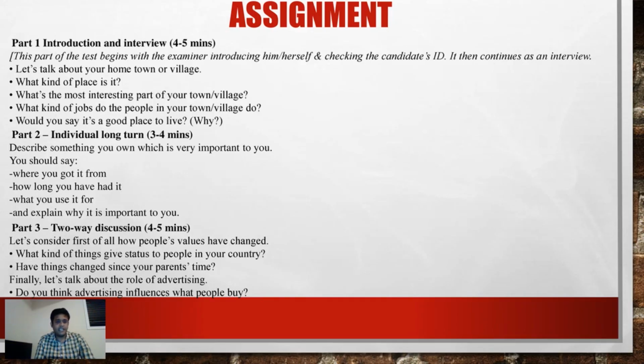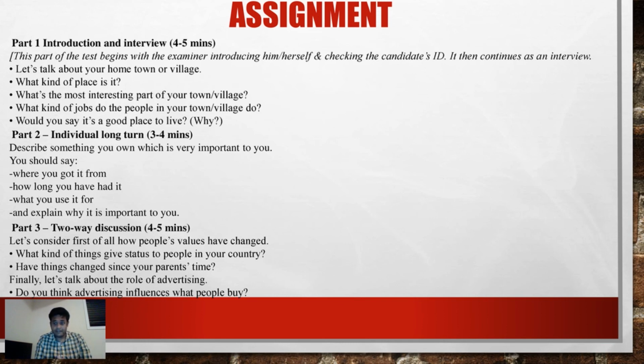Describe something you own, which is very important to you. Come on. We all own something that way, right? It could be a motorcycle or a car or an Avengers ring that I wear, right? It's very important to us. All these little things. You just say where you got it from, okay?